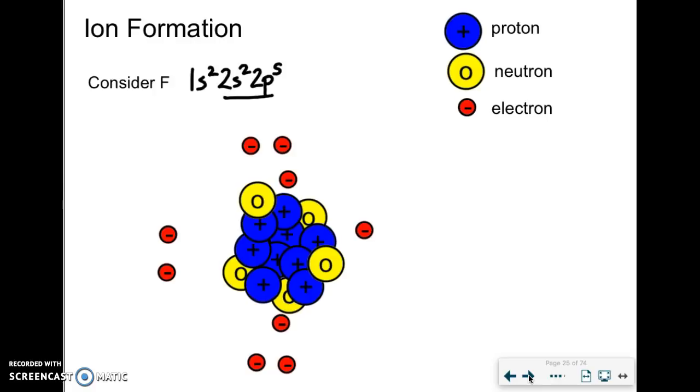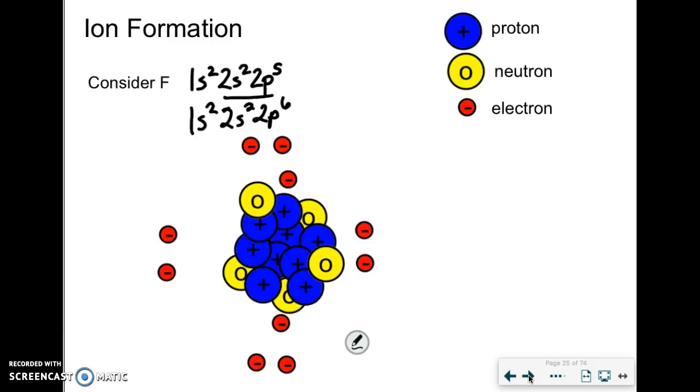Now, would it be possible for fluorine to donate or lose all 7 of those valence electrons? The answer is no. What's going to happen is that an electron is going to be transferred into fluorine. Its electron configuration then is going to be 1s2, 2s2, 2p6, showing that electron that's been transferred in.